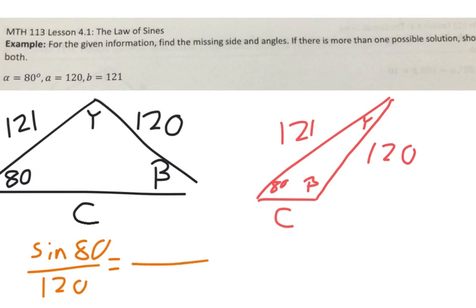Because I can't do C or gamma because those are both unknown. So I have to choose angle beta and side B. So sine beta over 121.